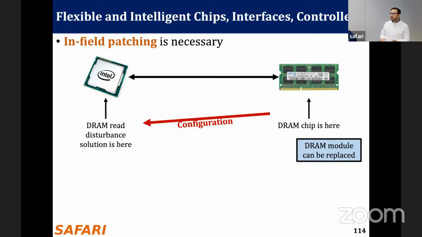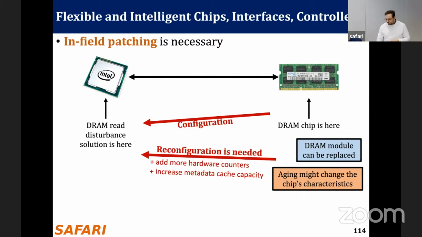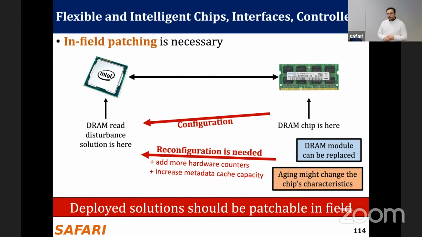And it is actually being replaced in servers, for example, all the time. And now, based on the characteristics of this new chip, you need to reconfigure this mechanism. Or another thing is aging can change the characteristics of this chip. Now you need a reconfiguration. And therefore, deployed solutions should be patchable in the field. But we do not see that with the counter-based solutions, for example, because you cannot add more counters to a solution in the field after it's shipped.